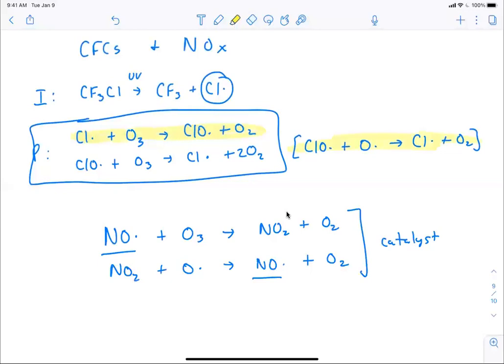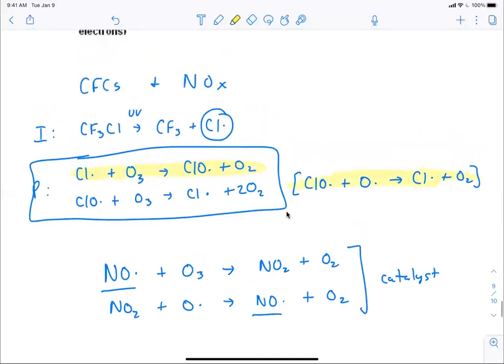And so that would be the main idea here. So that's what you want to focus on here, is that it's breaking it down. So know those catalysis reactions that help explain why ozone breaks down.